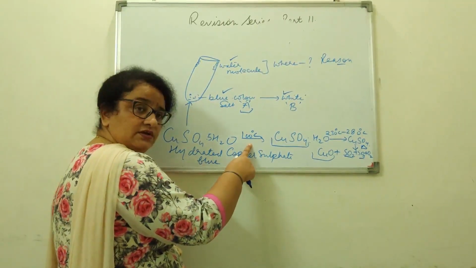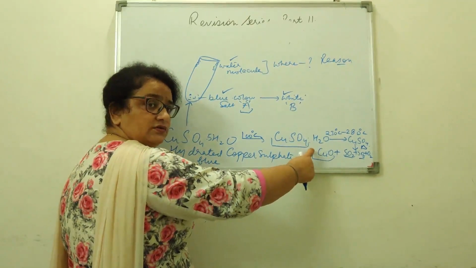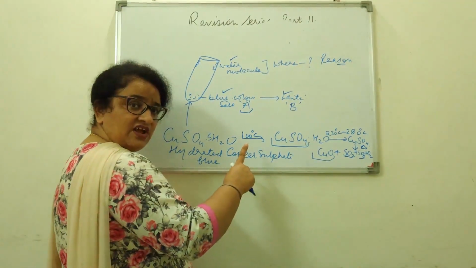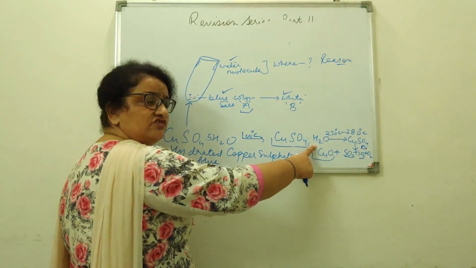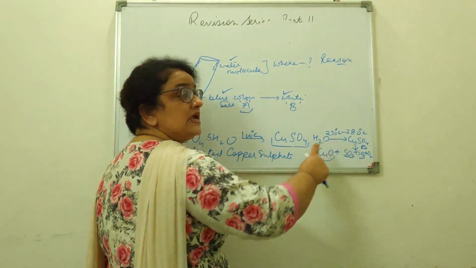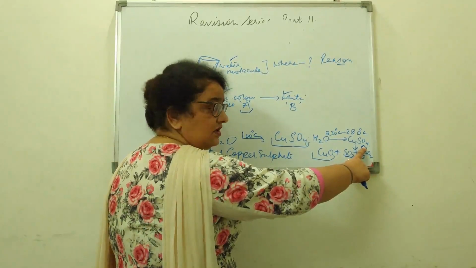So on heating, the salt loses this water. Not immediately, because one water molecule will remain attached, so it will be very slightly bluish in color. But on further heating, you will get the completely dehydrated salt.